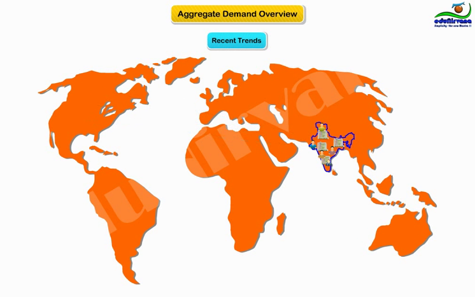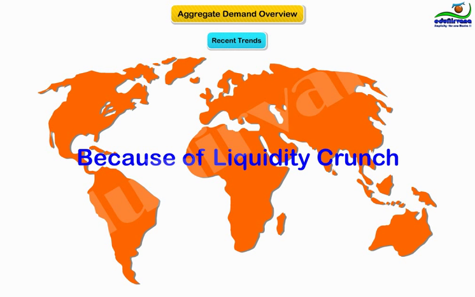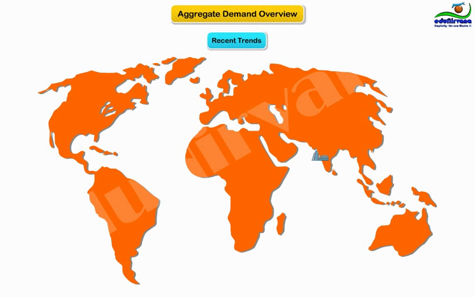Also, because of the liquidity crunch in the global financial market, the immediate impact was on the stock market, as investors from around the world started withdrawing their money, and also on the firms' future projects and employment plans.